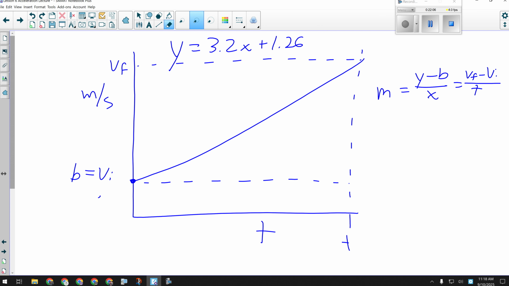So I would know time. Since I have this equation, what else do I know? What's the slope represent? Acceleration.